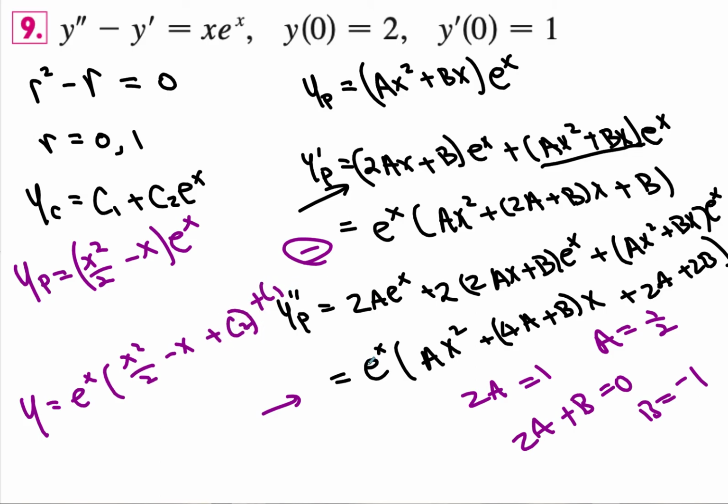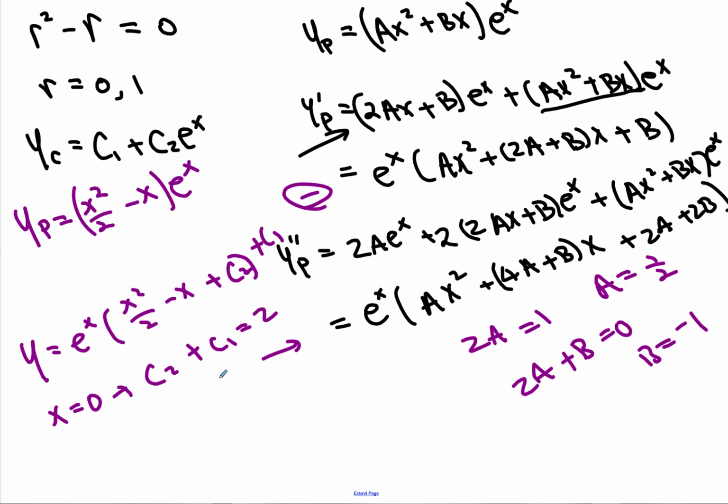plus c sub 1. Now when I plug in 0, it should be equal to 2. So what does that mean? When x is equal to 0, this one becomes 1 and that becomes 0. So I'm left with c sub 2 plus c sub 1 has to be equal to 2.